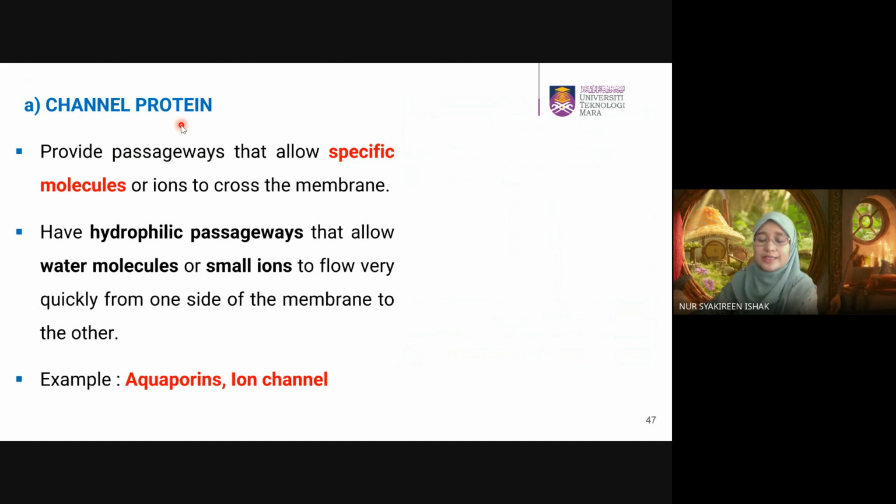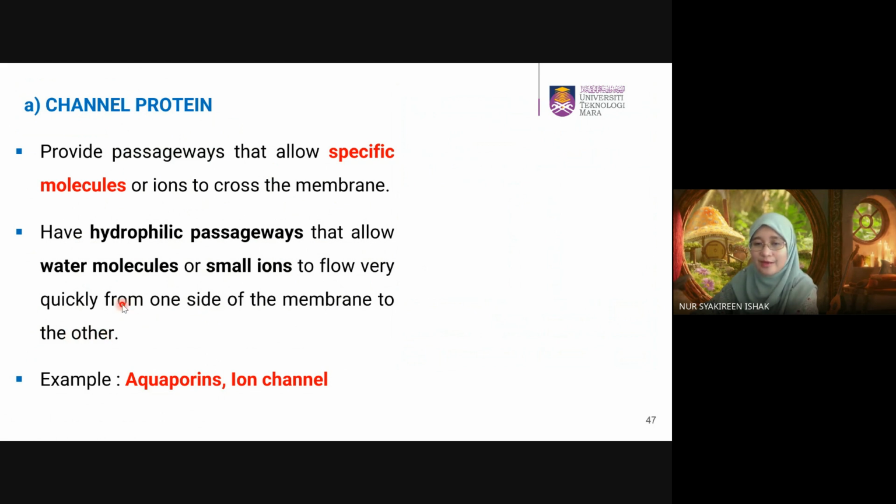For channel proteins, channel proteins provide passageways that allow specific molecules or ions to cross the membrane. They have hydrophilic passageways that allow water molecules or small ions to flow very quickly from one side of the membrane to another.